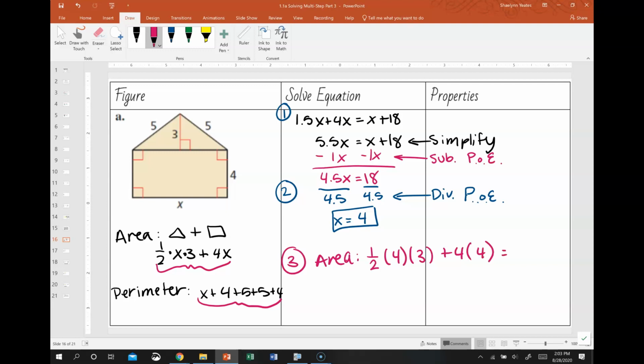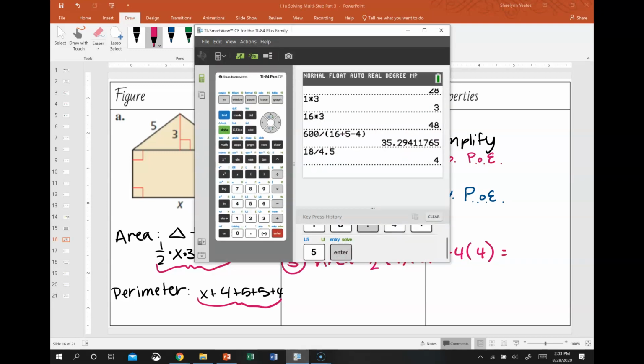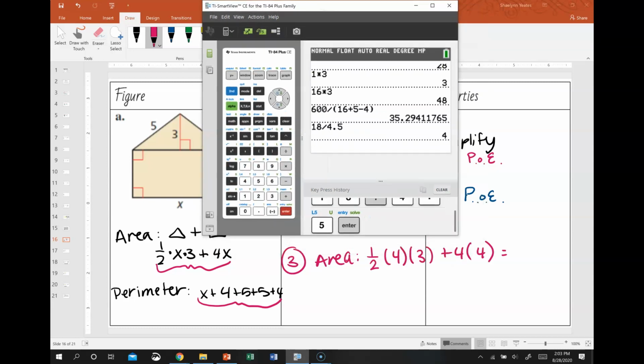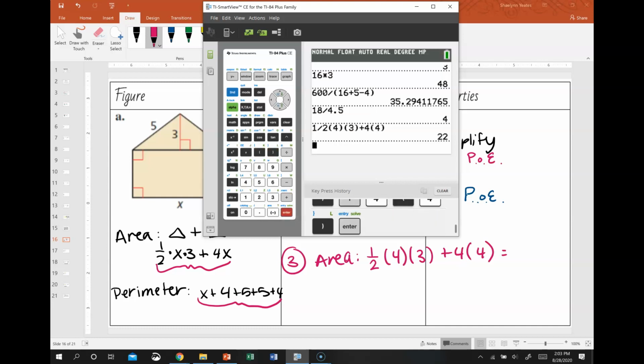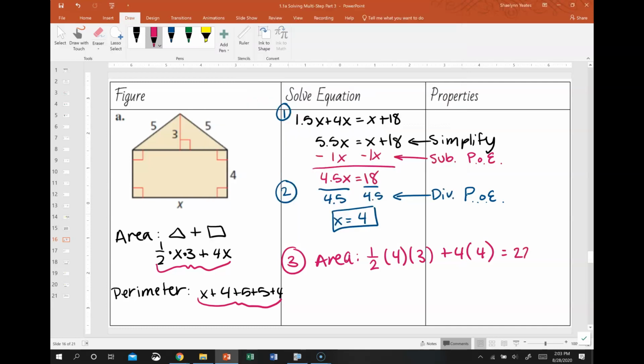I'm just going to plug that straight into a calculator. I'm not going to do any unnecessary steps here. So I'm going to do 1 divided by 2 for 1/2, parenthesis 4, close parenthesis, parenthesis 3, close parenthesis, plus 4 parenthesis 4, close parenthesis. Then I'm going to hit enter, and I get 22.